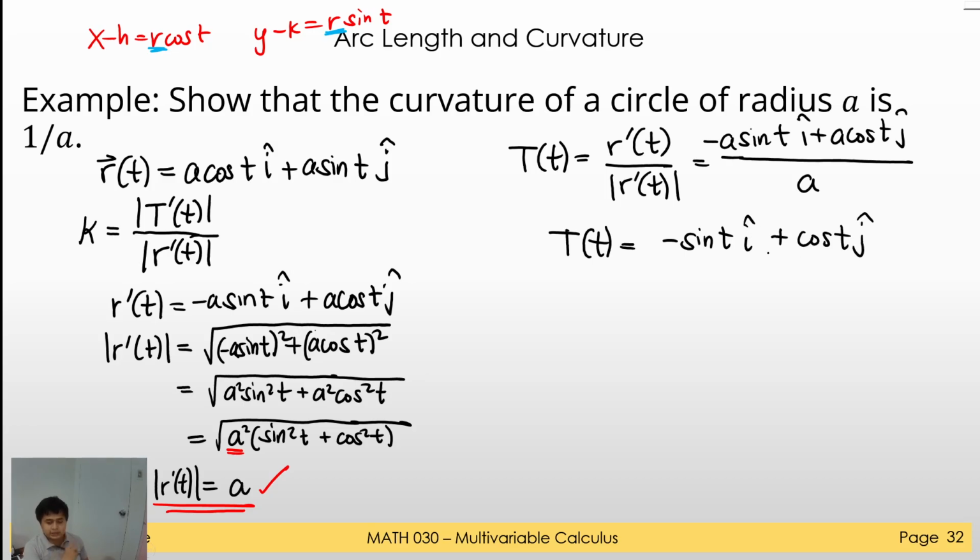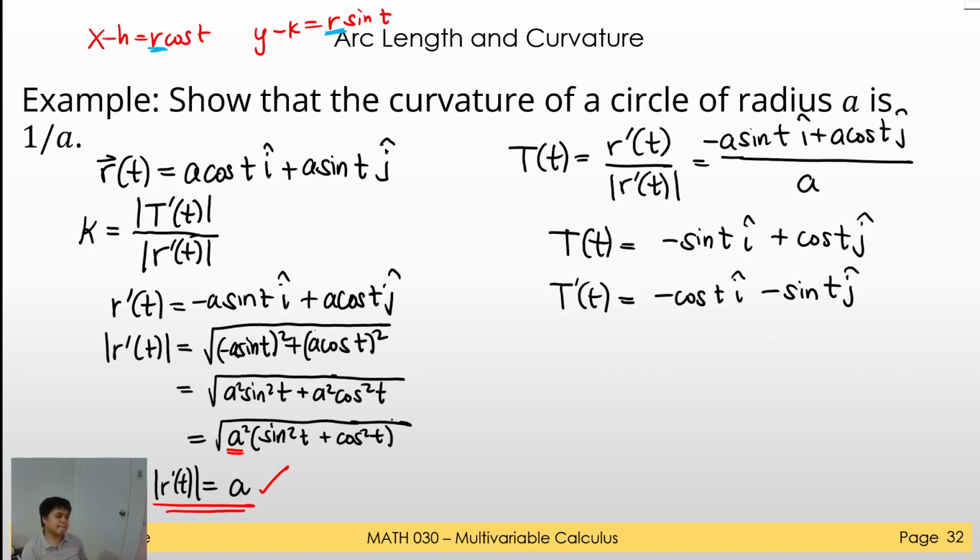Now to find the length, first we need the first derivative of your unit tangent vector. So we have negative cosine t i hat plus, this will become negative, right, so negative sine t j hat.